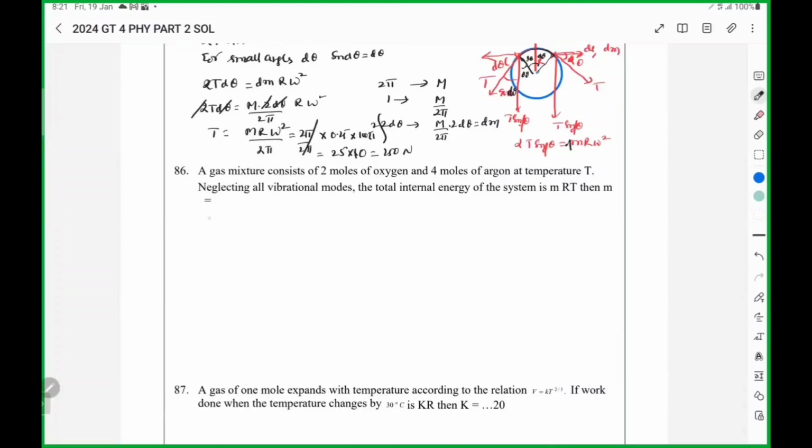So the internal energy of a gas molecule for 1 degree of freedom is half kT. K here is the Boltzmann constant.